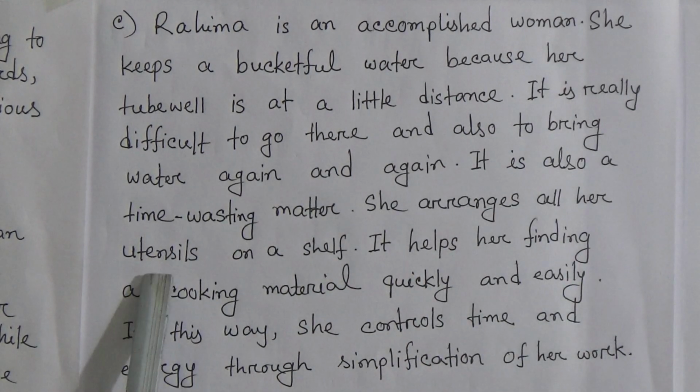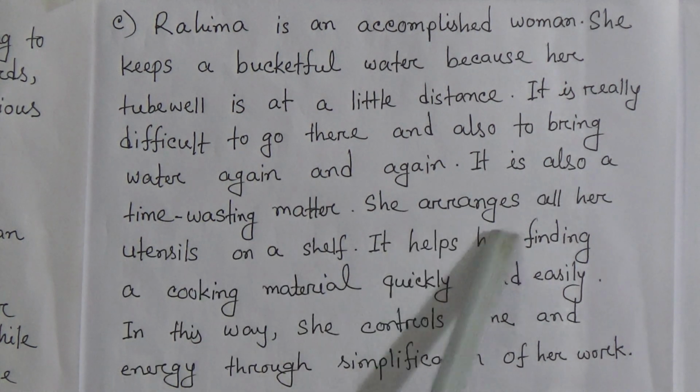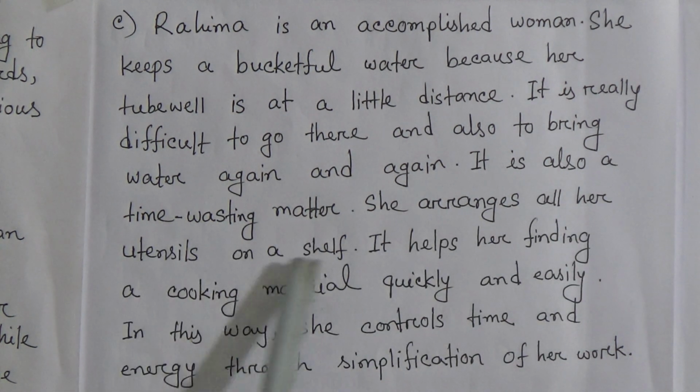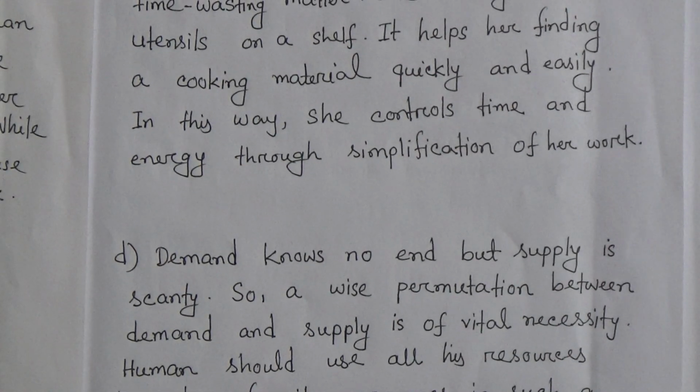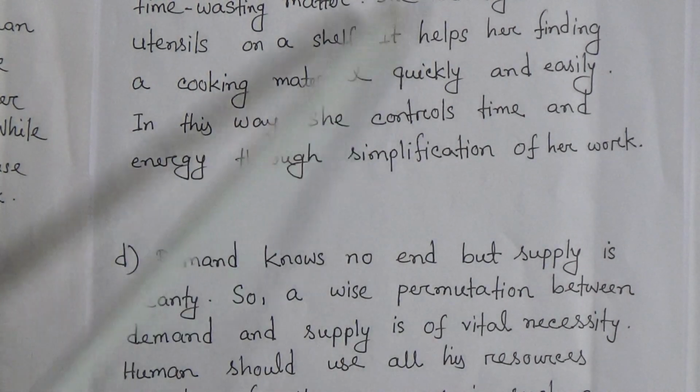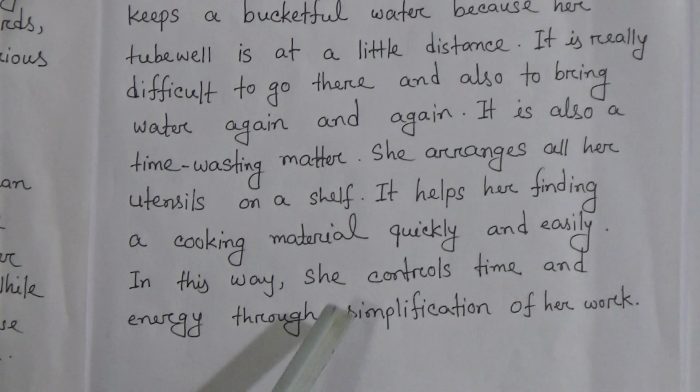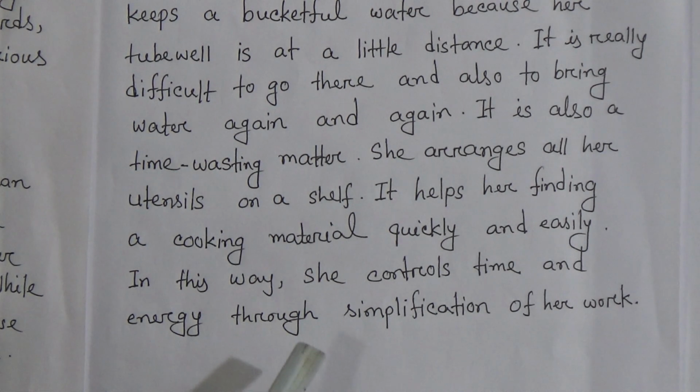It is also a time-wasting matter. She arranges all her utensils on a shelf. It helps her find cooking materials quickly and easily. In this way, she controls time and energy through simplification of her work. So students, we can save our time and energy through simplification of our work.